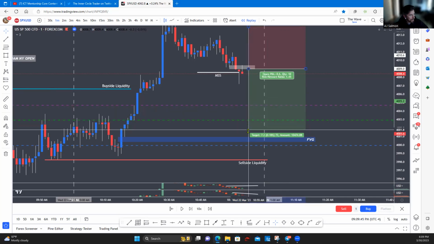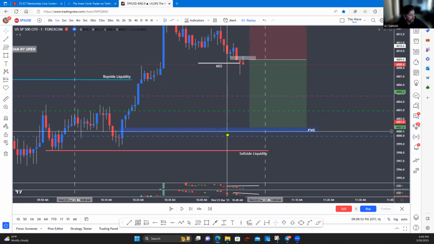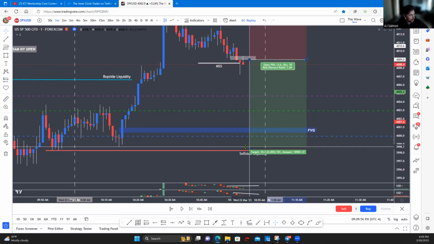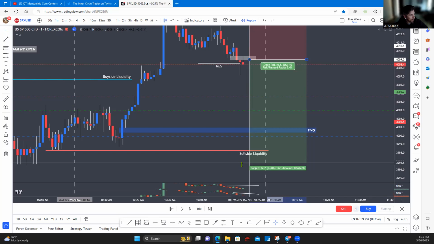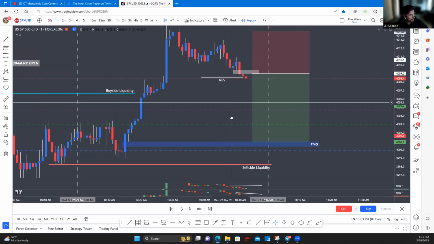So the next area would be this fair value gap as your low hanging fruit target. Second would be underneath these lows here, or down here. But we don't want to get greedy. We just want the quickest, lowest hanging fruit.